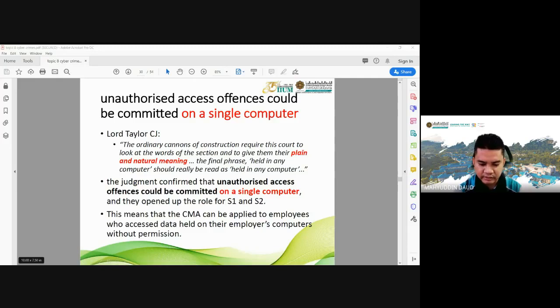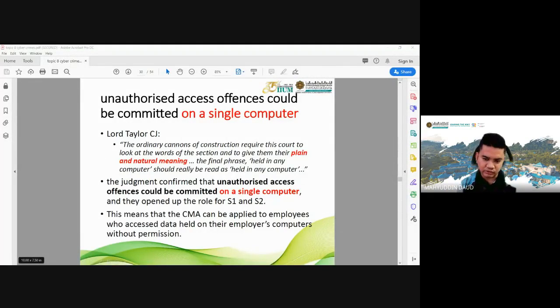Section 3 is about just someone who does not have any authority, he does something to access into the computer or database, and that action itself is an offense under section 3. Section 4 is a little bit of extension. You do unauthorized access with intent to commit a further offense, any other offense. The offense can be those listed in the penal code, and maybe other offenses as well.